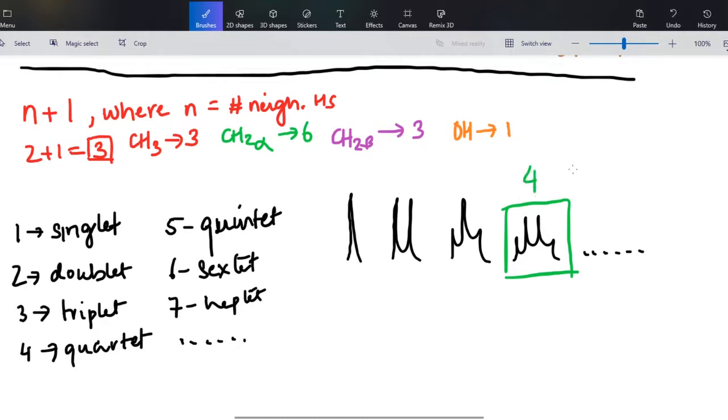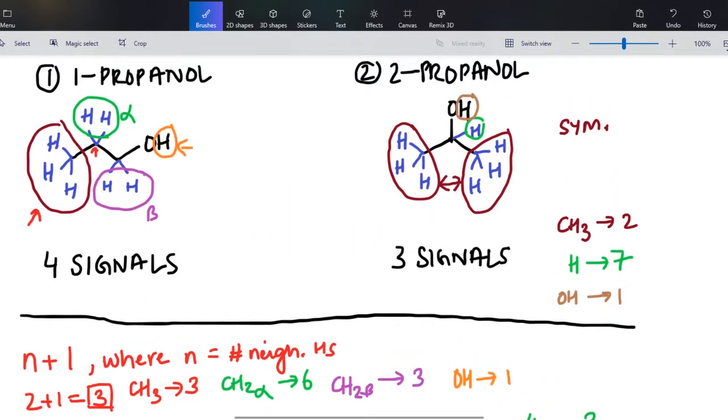If that's the multiplicity, then I have to have 3 neighboring hydrogens to my specific signal group. And we can do that over here and analyze it in this way. So this signal produced by these hydrogens will have a triplet signal produced. What that would mean is that this group has 2 neighbors, right, as we can see by CH2 alpha.